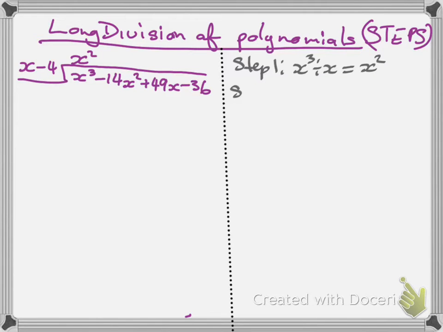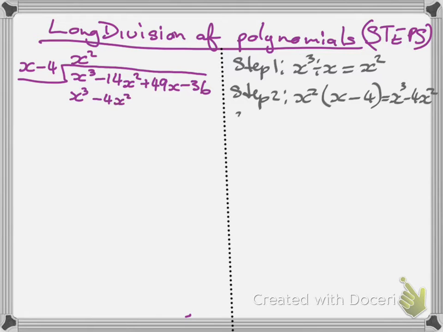So you get your answer x squared, you put it on top, and then step 2, you multiply the quotient, which is x squared, multiplying the divisor, binomial x minus 4, and then you get your product.